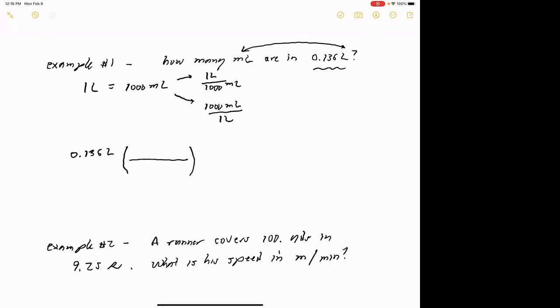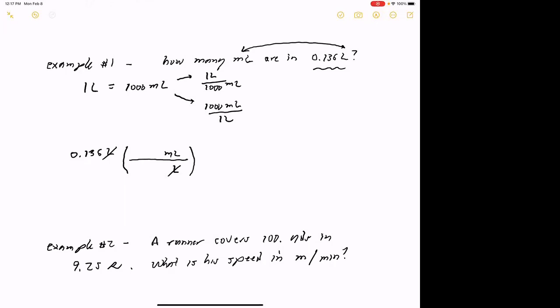So now, which ratio do I use? The one on the top or the one on the bottom? Well, let the units guide you. Okay, so notice where I want to go in the problem. I want to end up with milliliters. So that means I want to have my milliliters on the top and I want to get rid of the liters. So I'm going to put the liters on the bottom. Now, mathematically, look what happens. Liters on the top cancel with liters on the bottom, leaving me with milliliters.